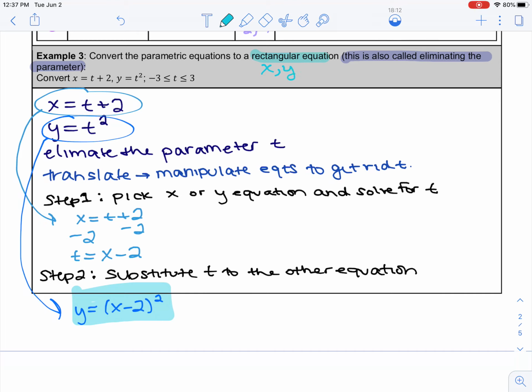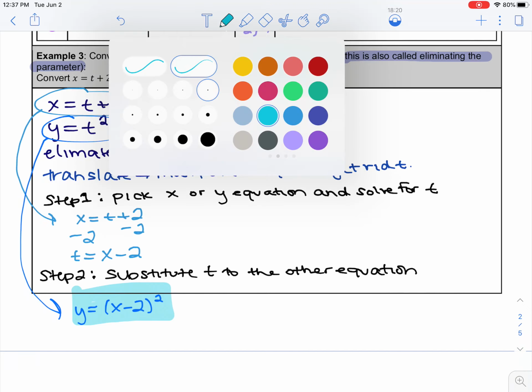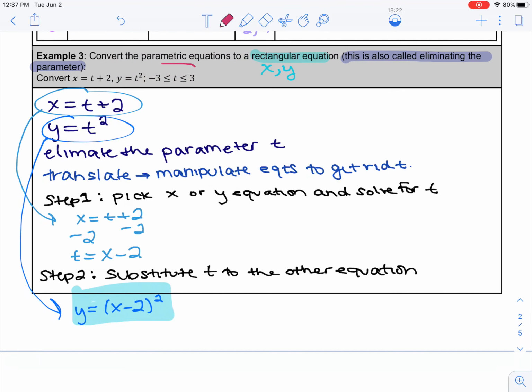So we're nearly done. We do have to consider that the parametric equations were defined on a very specific interval. This was happening between t values of -3 and +3. So we need to come up with the corresponding interval or restrictions on x.